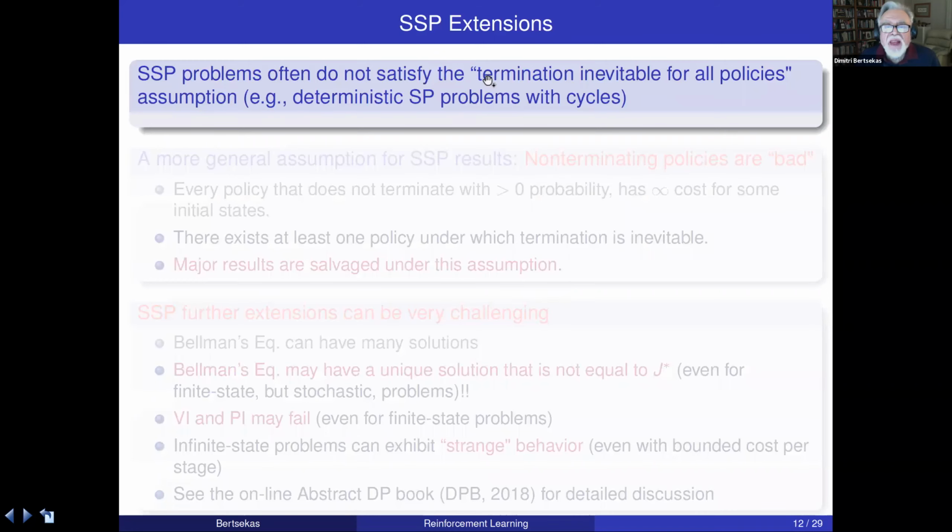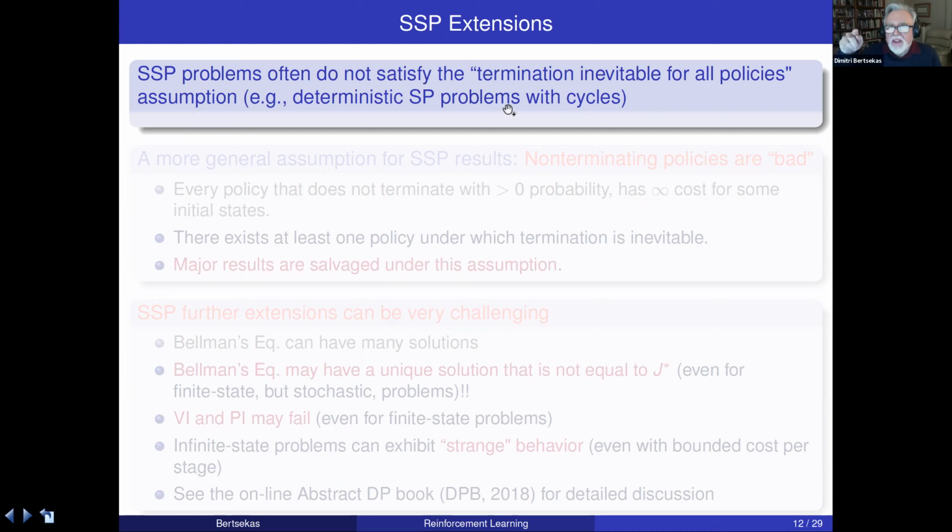Okay, we said that everything is nice when we have this assumption of termination inevitable for all policies. On the other hand, many stochastic and deterministic shortest path problems of interest do not satisfy this assumption. For example, take a deterministic problem that has a graph with a cycle, okay?